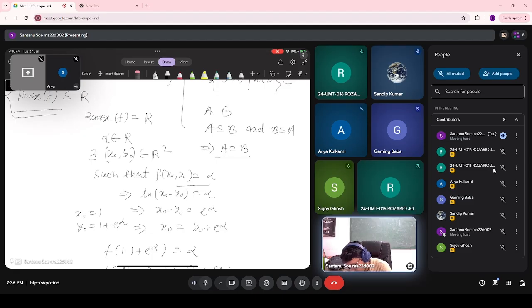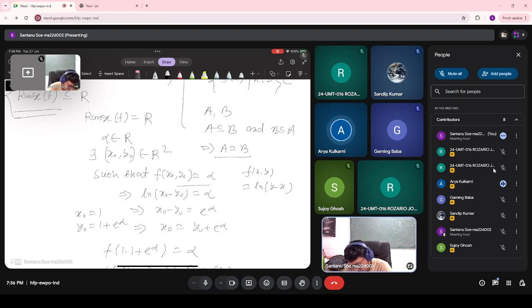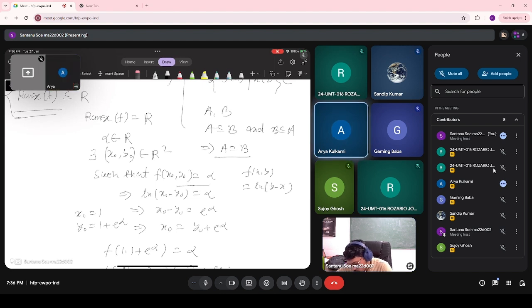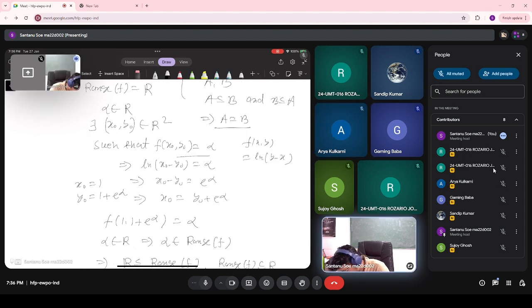Yes, because what is f of x comma y? f of x comma y is ln of y minus x, right? So I'm just replacing x and y by x0 and y0. Because f of x0 comma y0 we can always write, right? Sir, I have not got it. How do you write that? Okay, so you take a point x0 and y0 such that it is positive.